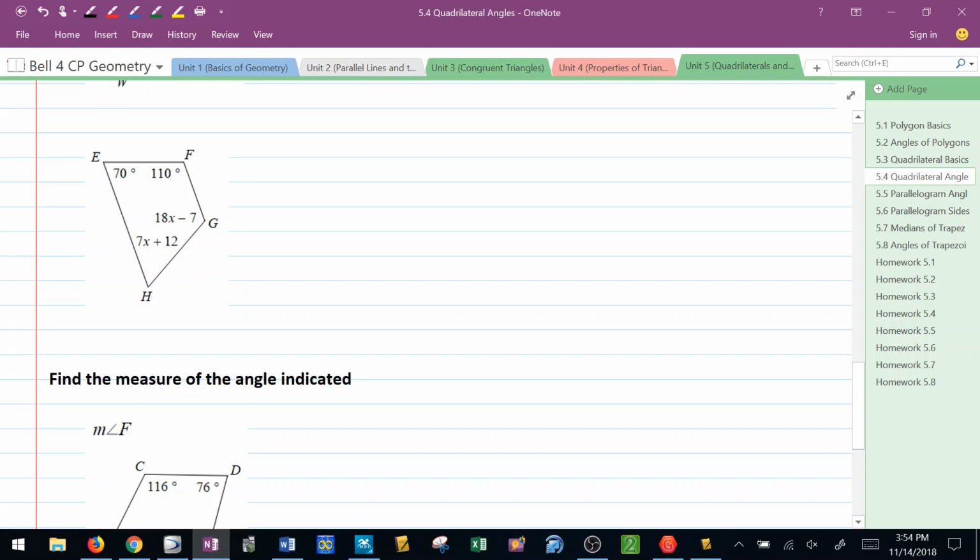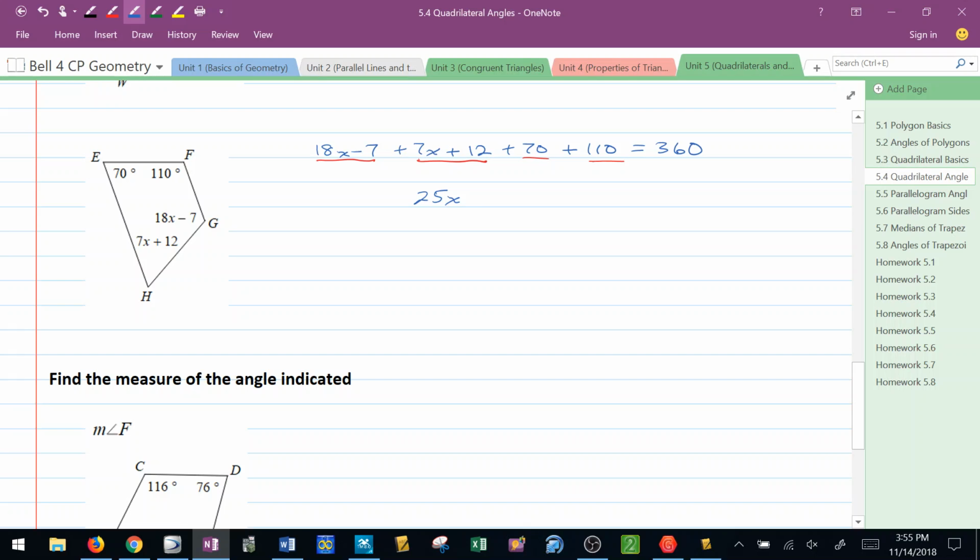I have four different angles here. So I'm going to start with 18x minus 7 plus 7x plus 12 plus 70 plus 110, and the four angles have to add up to 360. In this particular case, two of the angles of the four had x in them. So I'm going to combine those x's, 25x.